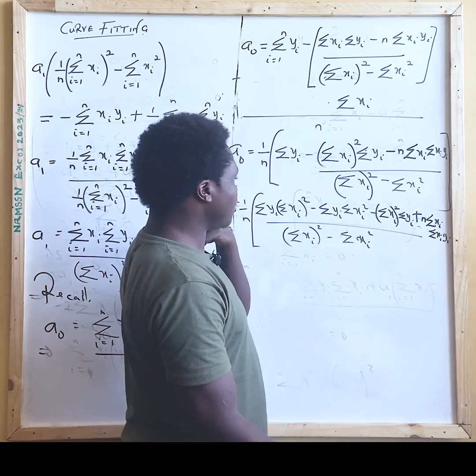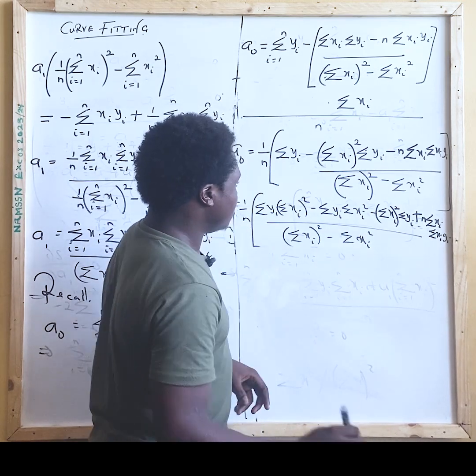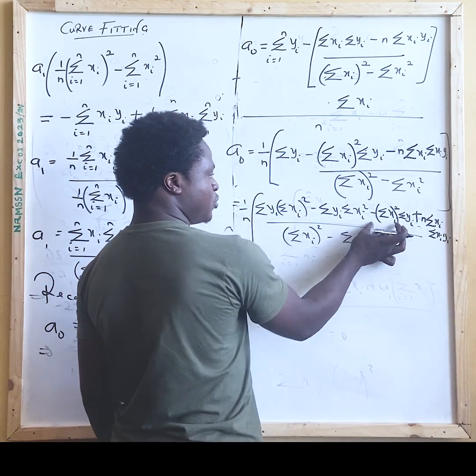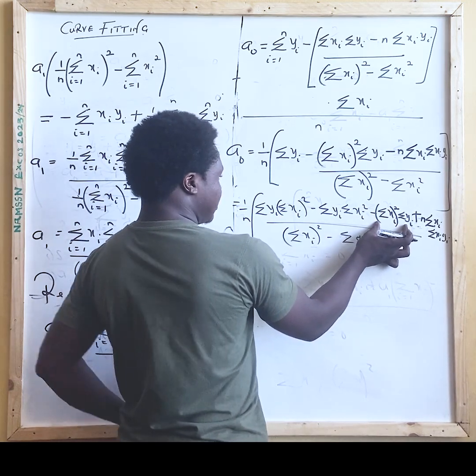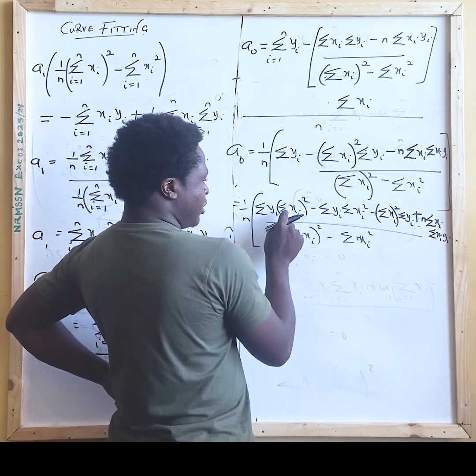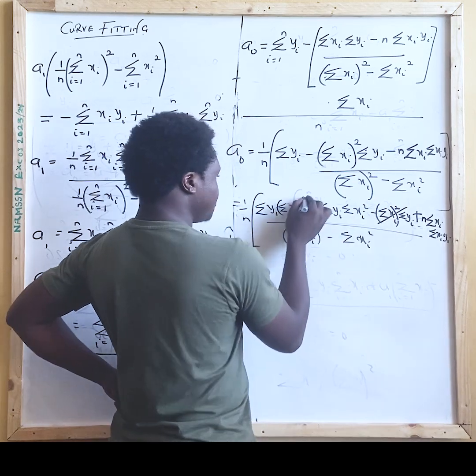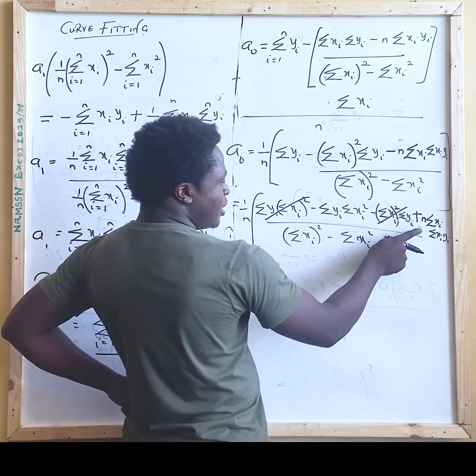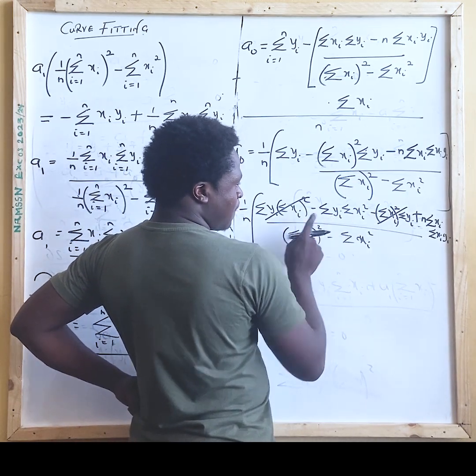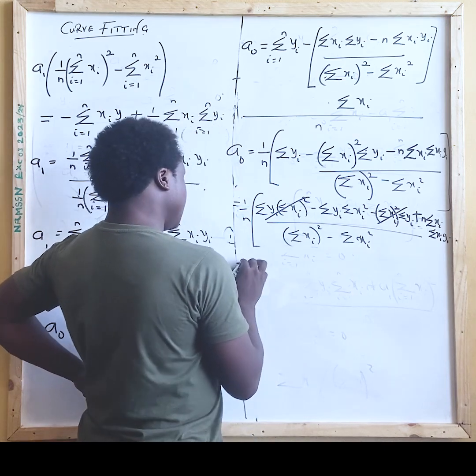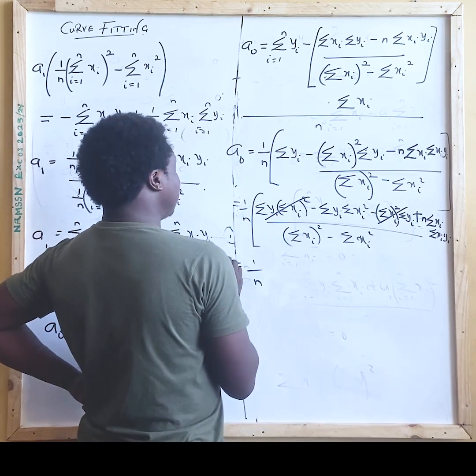Okay, so if that is clear, some things can go away. This one here and this one can go away, right? Because I'm saying summation y summation xi square, so these two can go away, but here they won't go away. So I have this to be 1 over n. Don't forget, this is our a naught.